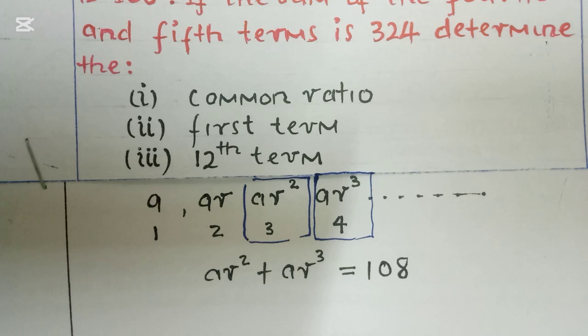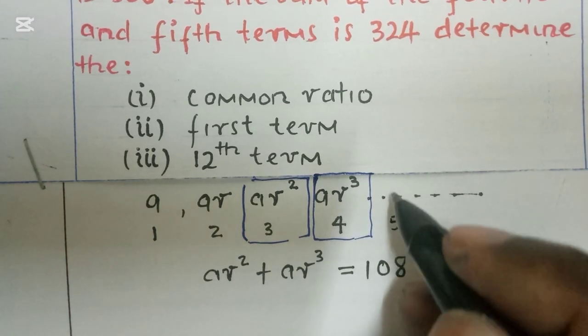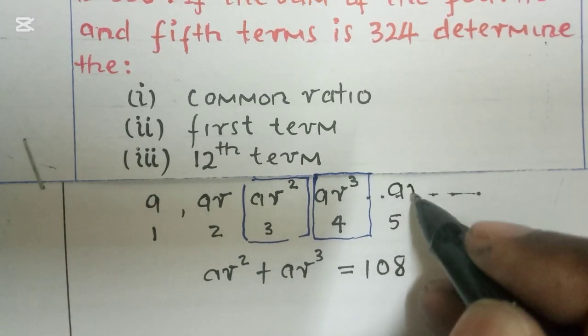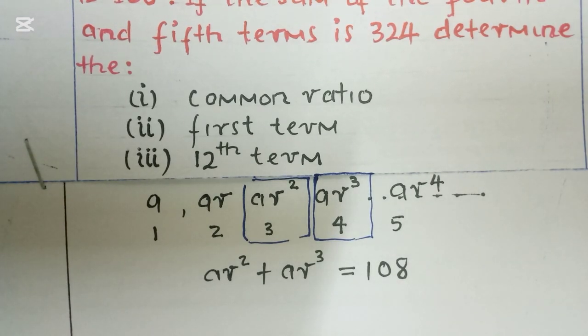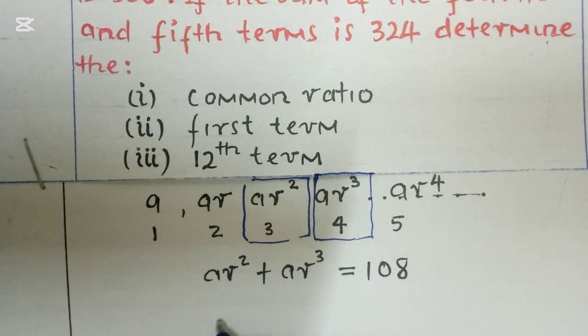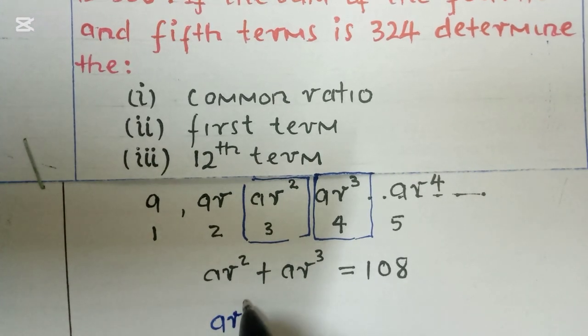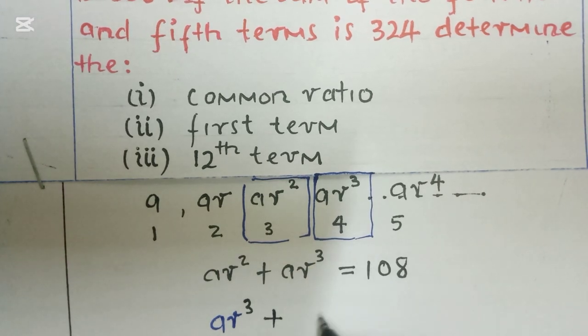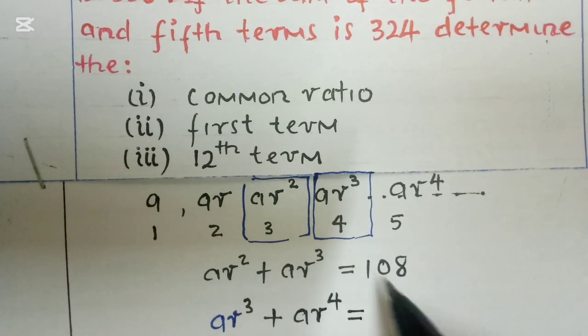And then we are told the sum of the fourth and the fifth. I can go now to the fifth, which is AR^4. So the fourth is AR^3, plus the fifth, AR^4. This gives us 324.